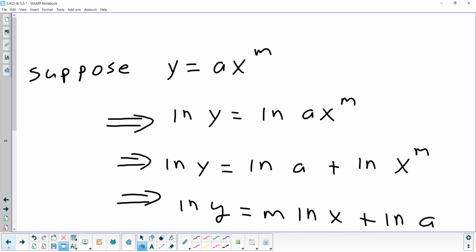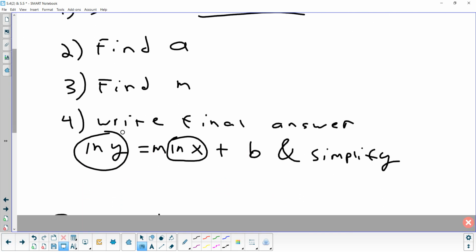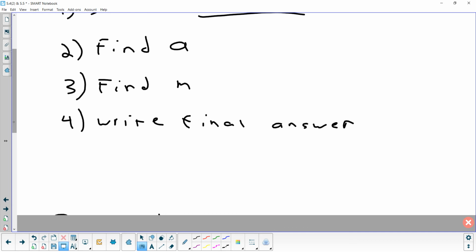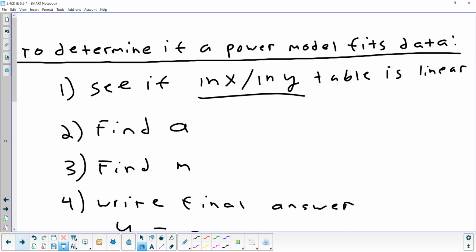Okay, so we're going to try to find A, which is going to be the number that's in front. Then we're going to try and find M, which is the exponent. And then your final answer is going to be in the form y equals A times x to the m, I think is what I wrote.